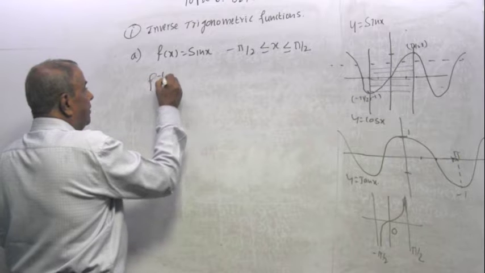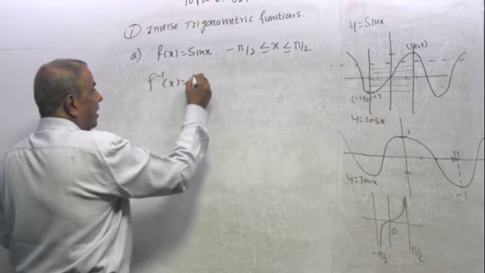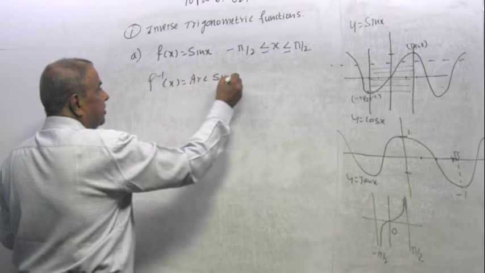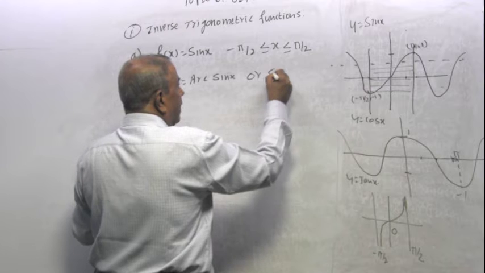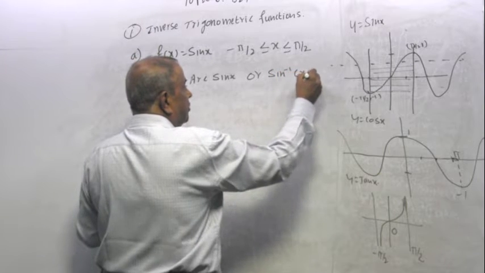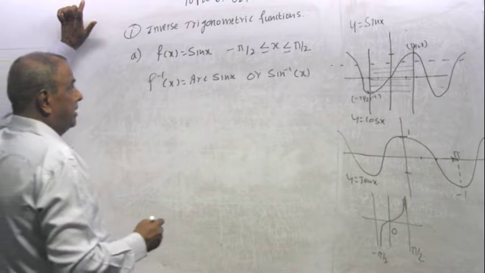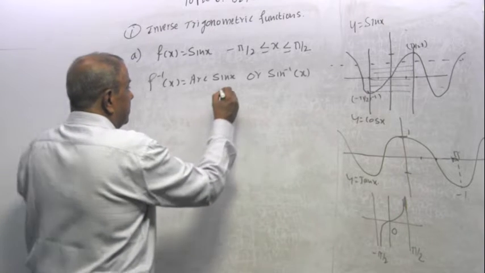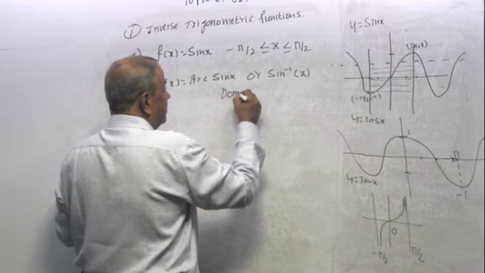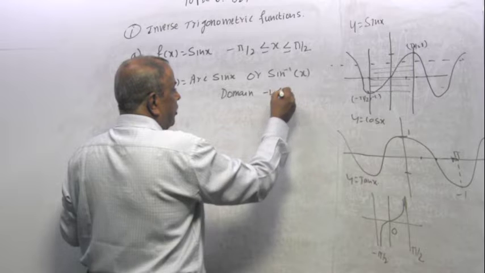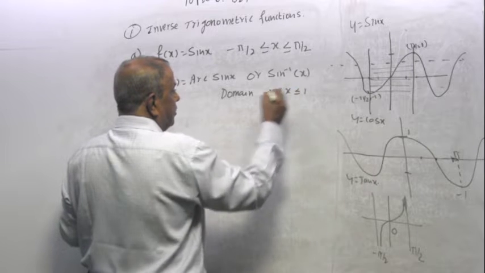Then f inverse of x is arc sin x or sin inverse x, not sin x whole power minus 1, that becomes cosec x. And then the domain for this is minus 1 less than or equal to x less than or equal to 1.